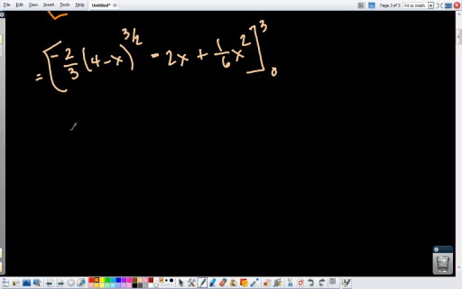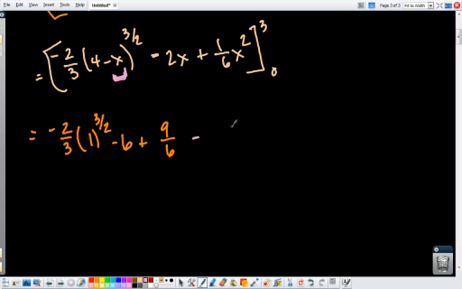Basically, everywhere I see x, I'm putting in 3. So -2/3 times (4 minus 3) is 1 to the 3/2, minus 2 times 3 is 6, plus 1/6 times 9 is 9/6. And you might be thinking, oh, I don't have to do it with 0, but check it out. Nothing is being multiplied by this x, so we're going to have a value here.